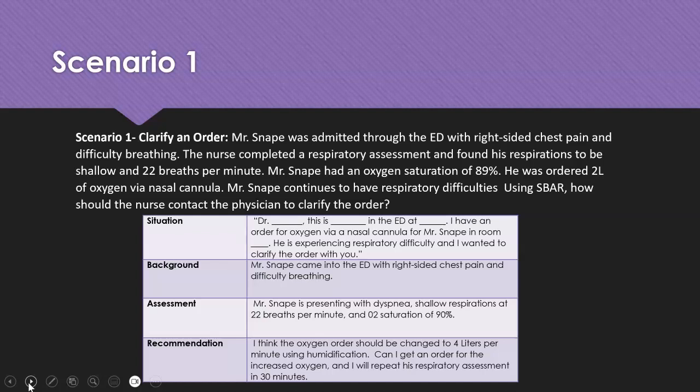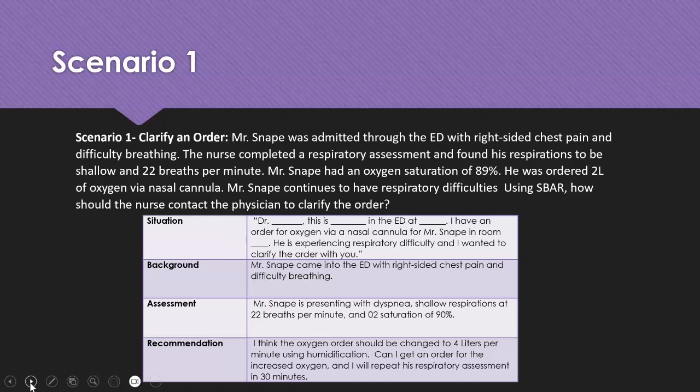But if you have any questions, feel free to contact us about each scenario and let us know. And up here, like the situation, I would have been real specific with the 2 liters before I would have asked to increase it to 4 liters.